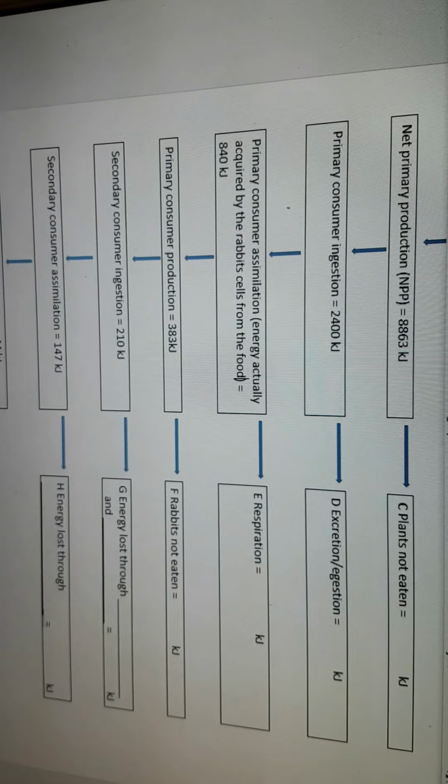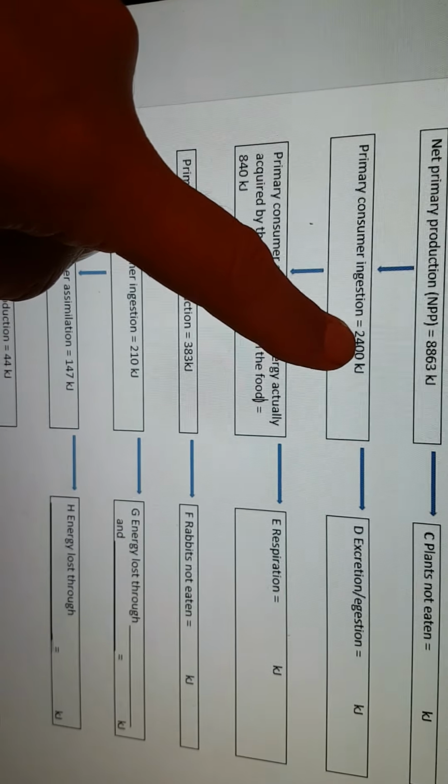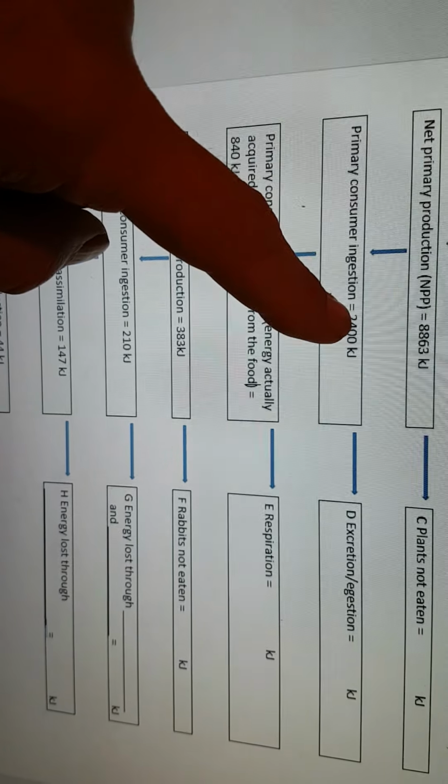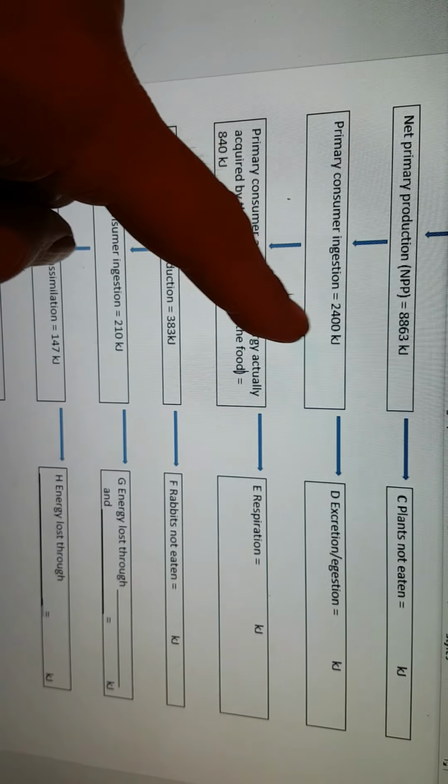All the nutrients are contained within cellulose cell walls, and it takes a lot of energy to digest the food itself. So even though they ingest 2,400, they would use some of that simply digesting the food. Plus, they don't actually fully digest it all anyway. Some of it passes out as feces. Quite a large proportion, if it's plant food, passes out as feces.